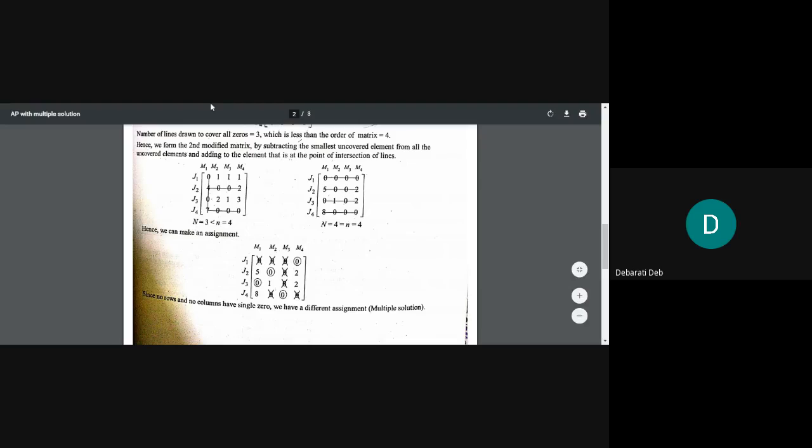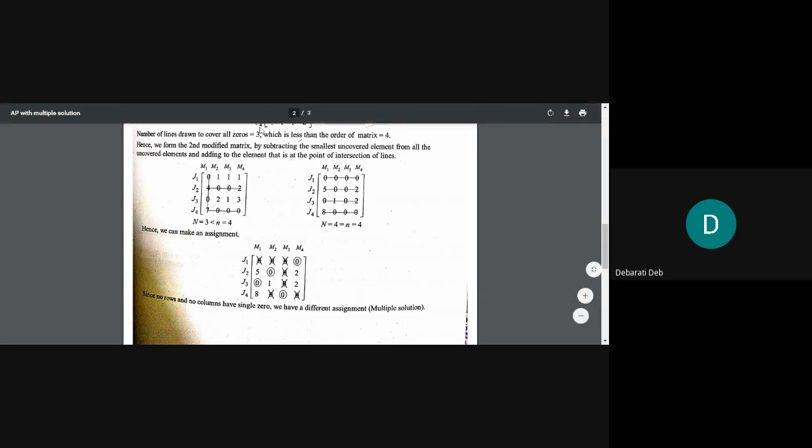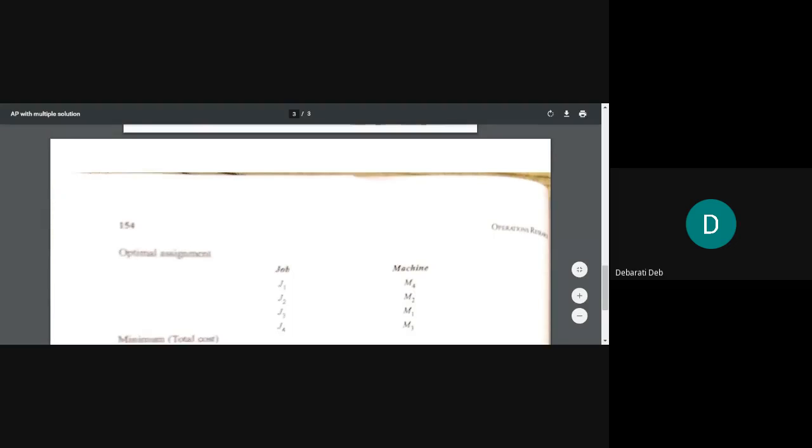This is an arbitrary method, so there is no hard and fast rule. You can select any 0 from any of the rows. So do that. In the book, what they have done is, first they have assigned J1 to M4, then J2 to M2, J3 to M1, and J4 to M3.